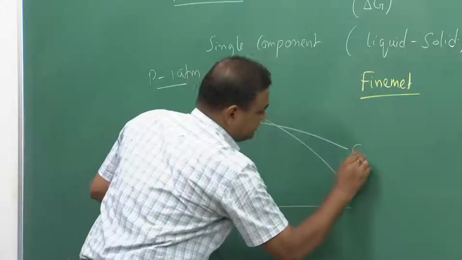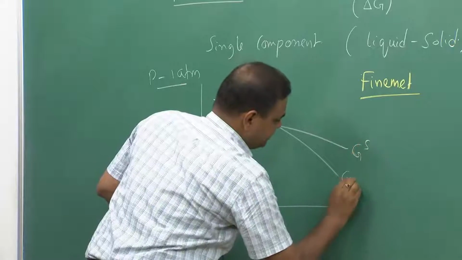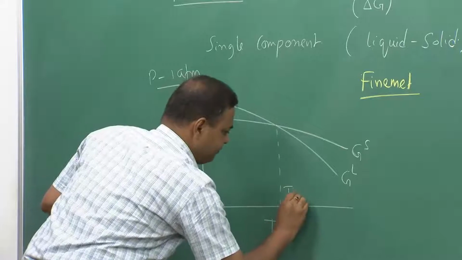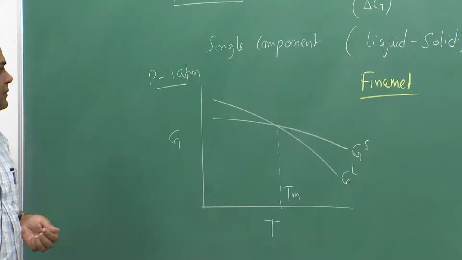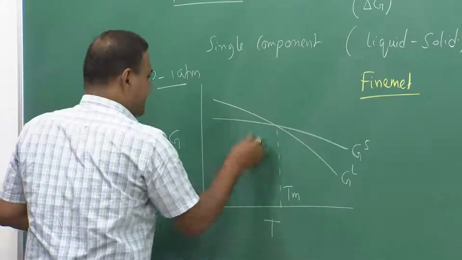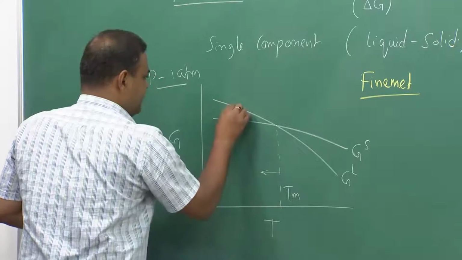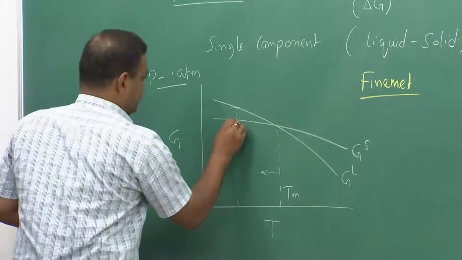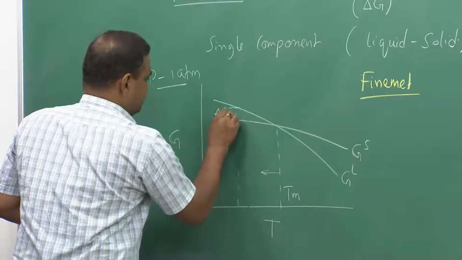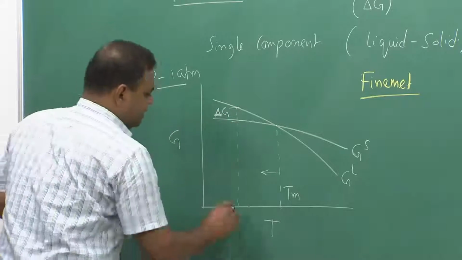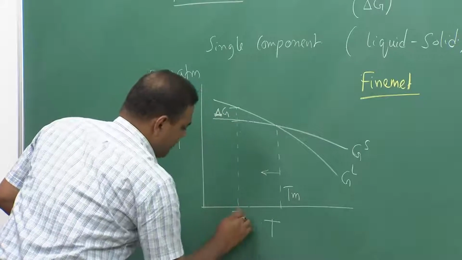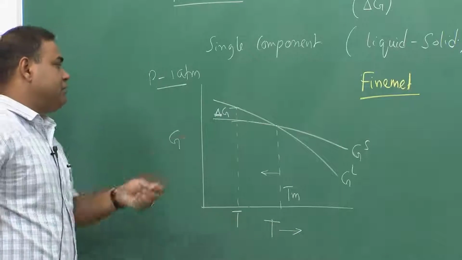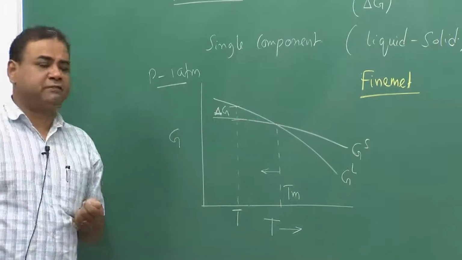This is my G S, this is my G L, and this is my T M. We need to find out, at any temperature less than T M, what the free energy difference is, if we can quantify this del G. This is the temperature axis, and this is the temperature where I would like to find the free energy difference.